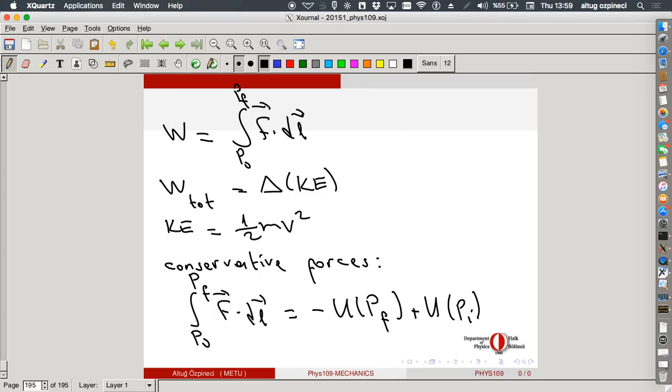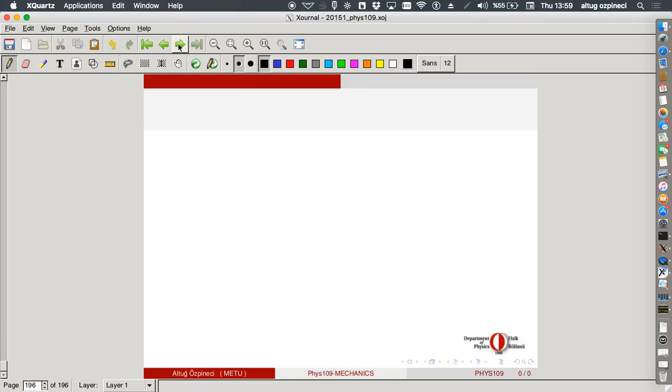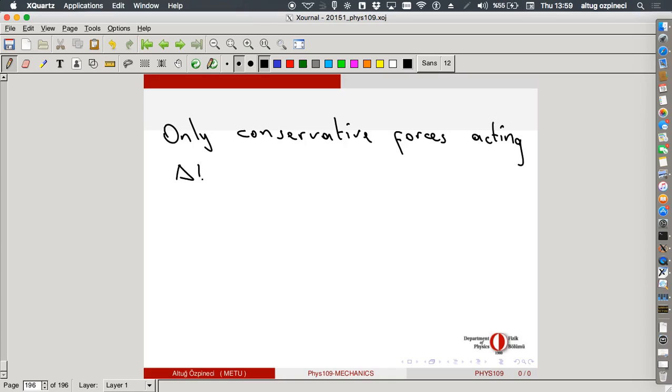Now the good thing about these conservative forces is that, if there are only conservative forces acting on the system, the change in the kinetic energy, which we can write as 1/2 m v final squared minus 1/2 m v initial squared, is always equal to the total work done on the object.